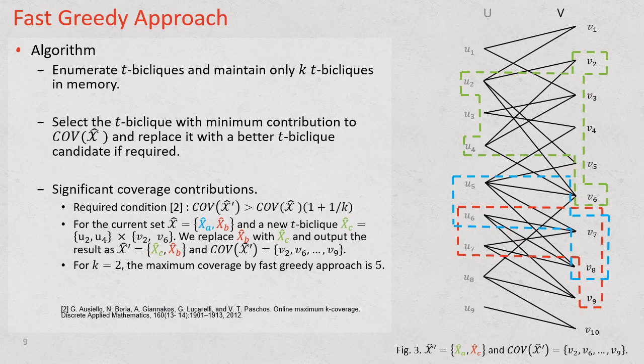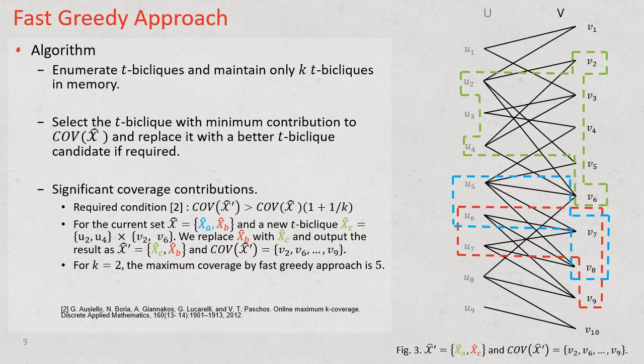We also provide an example as follows. In figure 3, let there be a set of two Bicliques, say xa and xb, with k and t equal to 2, where xa would be the minimal t-Biclique and the size of the t-Biclique coverage is 3. Let xc be the newly enumerated t-Biclique.